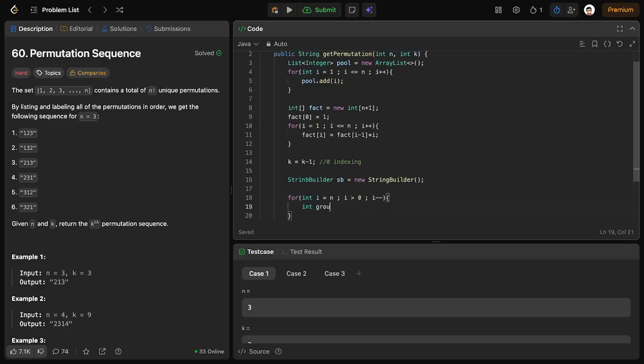So now we calculate int group size, which is nothing but fact of i divided by i.